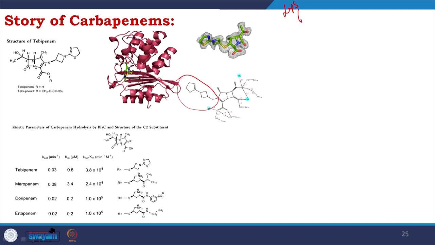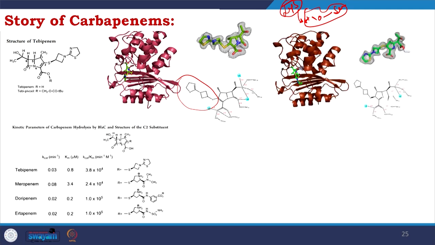To understand that, this is my work. I tried to trap the compound before the reaction and after the reaction. You will say, okay, we understand after the reaction. How before the reaction? What we did, if you remember, there was a lysine which takes the proton from the serine. We mutated that lysine so the serine proton is intact and the reaction did not happen.